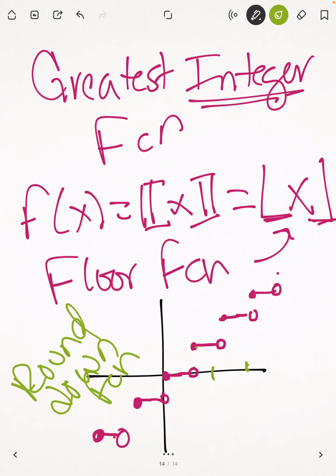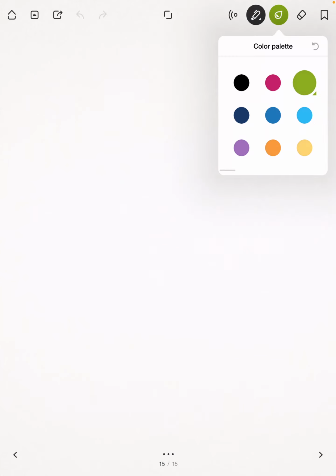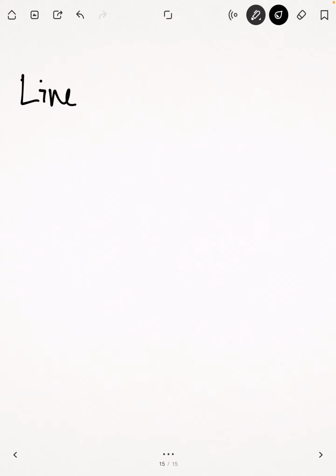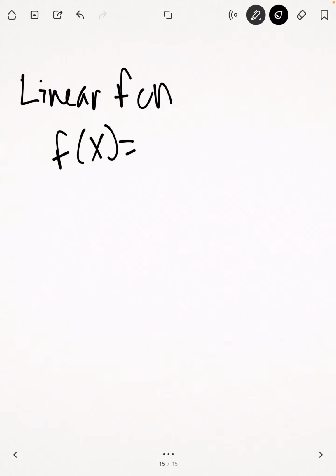So I know that was a lot of graphs. But there are just a couple things that I want you to take away from this. So we've talked a little bit about linear functions. That's where we have f of x equals mx plus b. We looked at our square root and cube root functions.